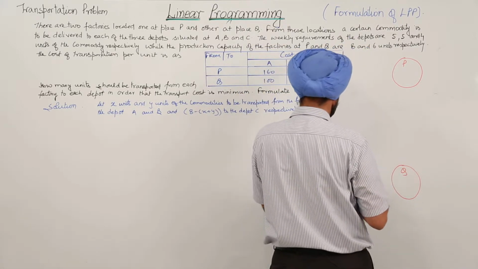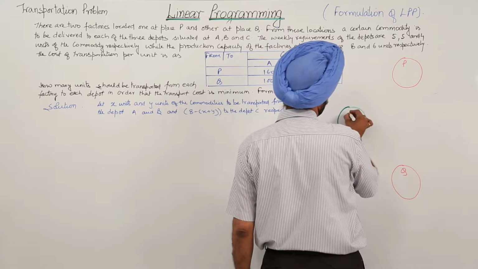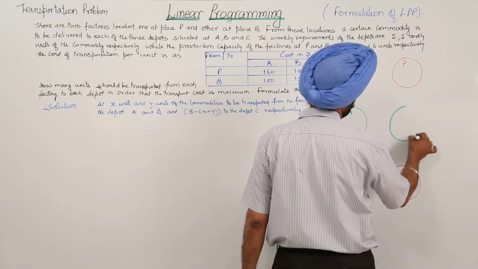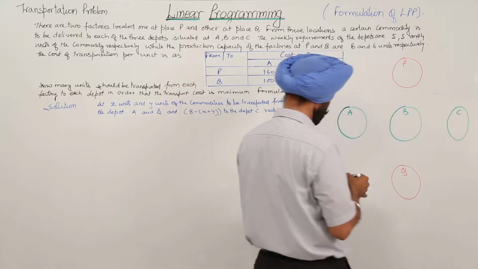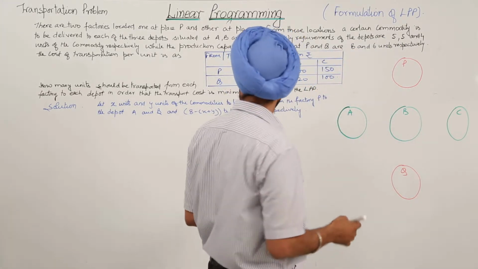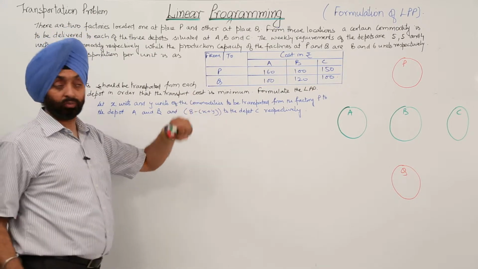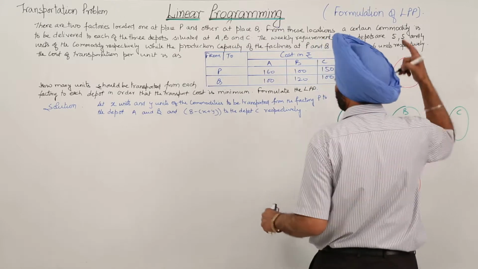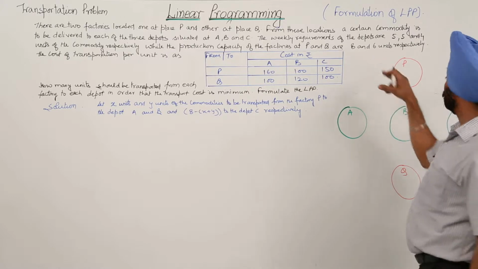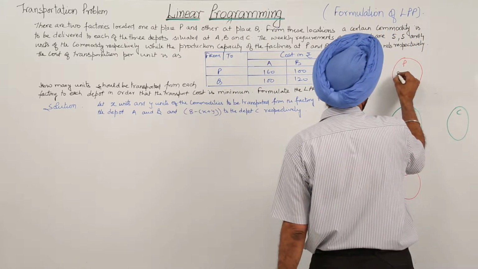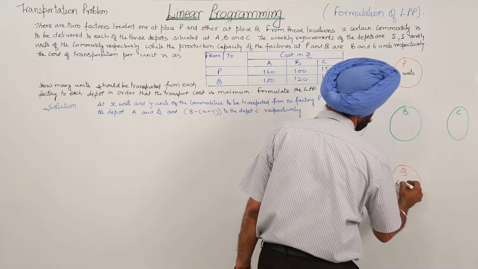Now depot A, depot B and depot C. Factory P has 8 units and factory Q has 6 units.